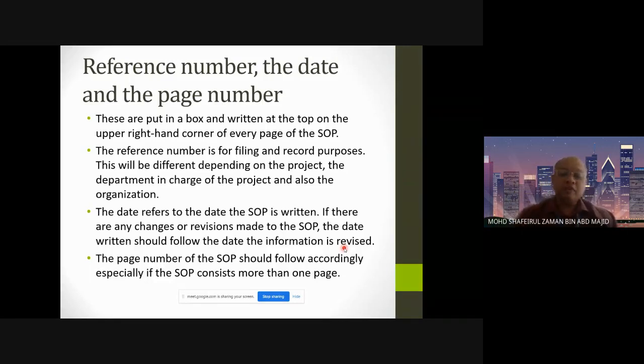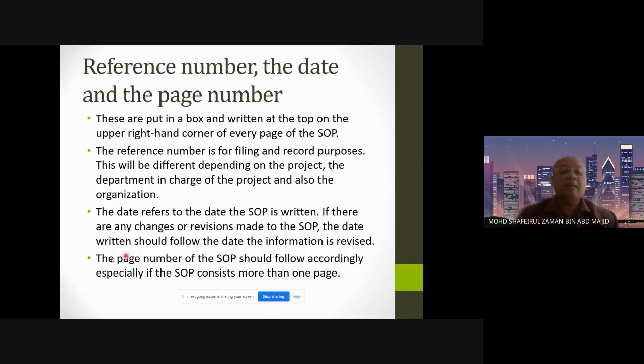After a month, for example, the company that you are working with buys a new machine. Because of that, there is a need for you to change the SOP. So you are going to update the content, and at the same time the date of the SOP should be changed to the date that you do the correction or the amendment.